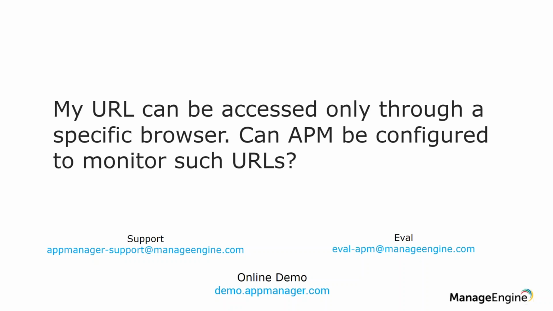So there are a few websites which can be accessed only through a specific browser. Can APM be configured to monitor such URLs? So this is where one of our features of using user agents in Applications Manager comes into play.